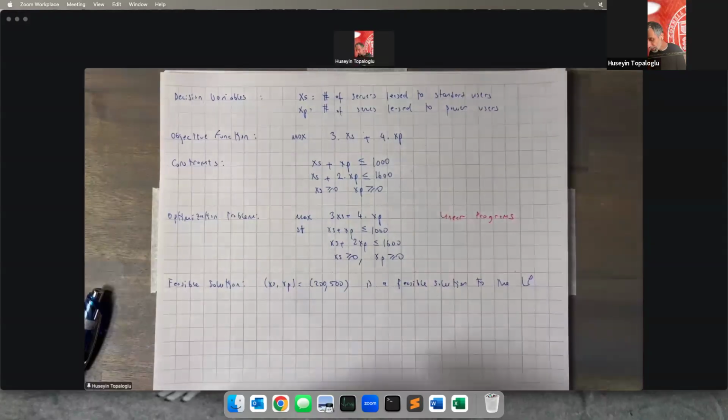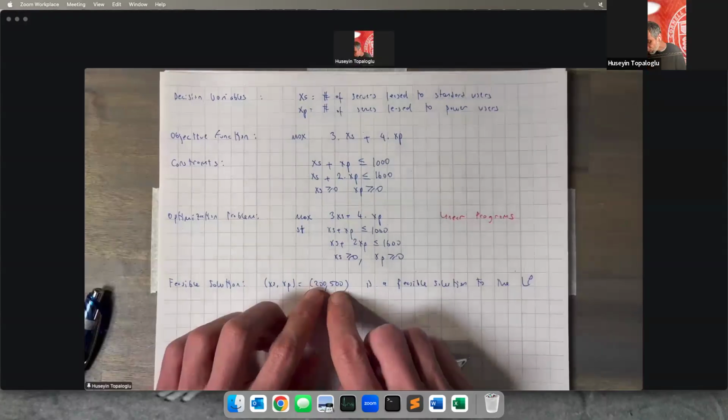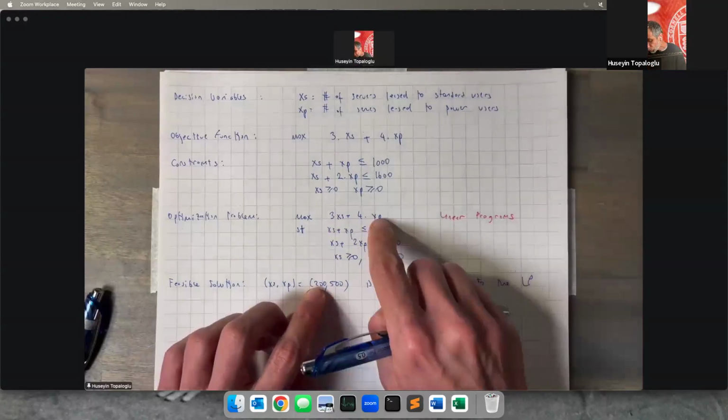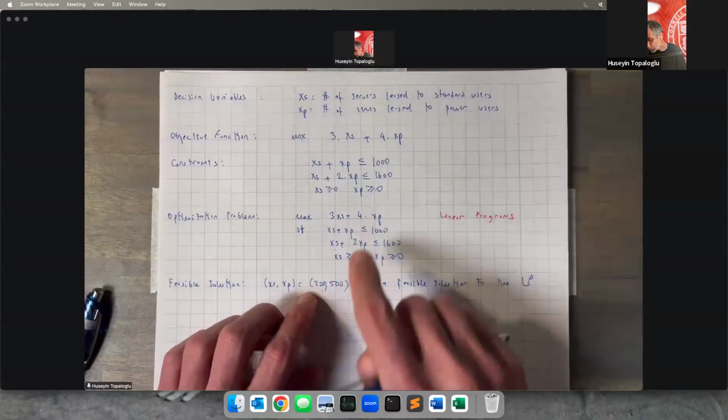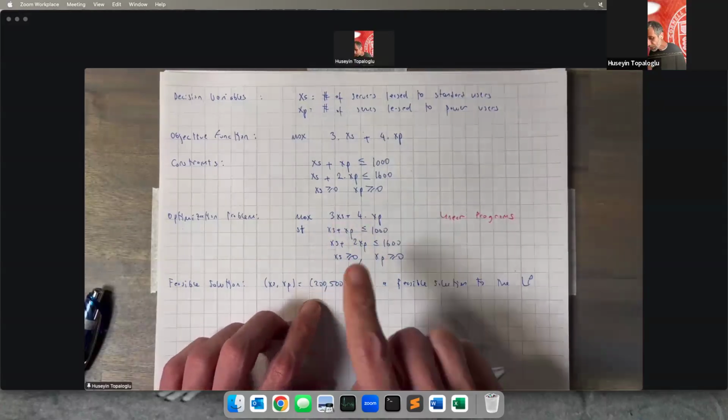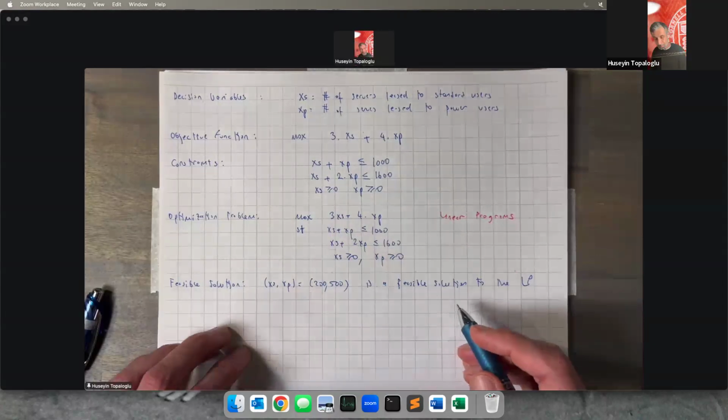And let's look at the objective value provided by the solution. xs is 200, xp is equal to 500. 3 times 200 is 600. 4 times 500 is 2000. So the objective value provided by the solution is 2600.